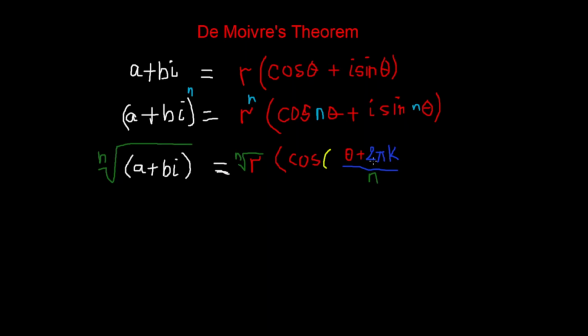Now what is this k value? I'll explain that later. So cosine of this plus i sine of the same thing, theta plus 2 pi k over n.